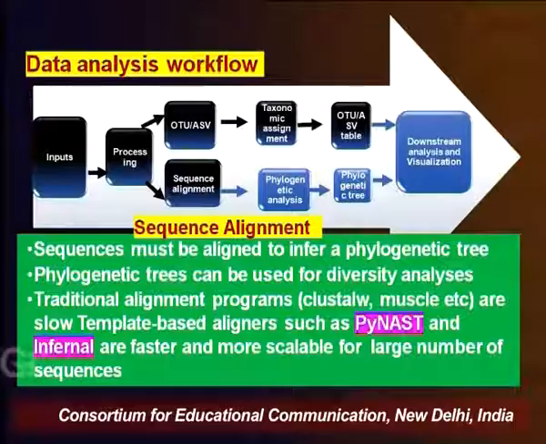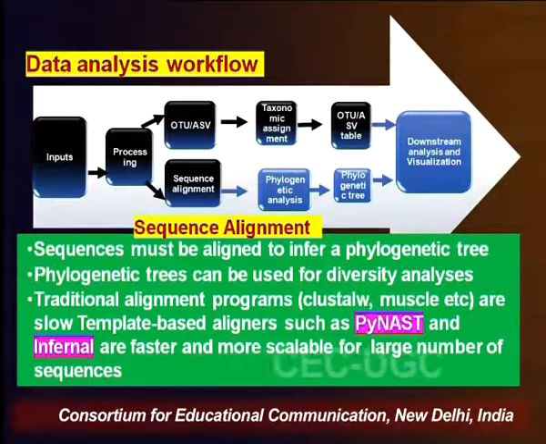But there can be another way to analyze this data and reach this stage, a simpler one which we have studied already, that is sequence alignment and phylogenetic analysis. In sequence alignment, we align the sequences in order to infer their phylogenetic tree, and the phylogenetic tree can in the same way be used for diversity analysis.